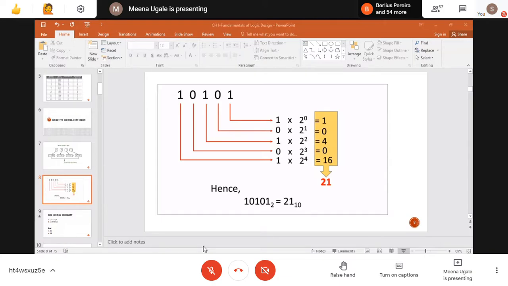Okay, fine. So now this is another example shown here, 10101. Clearly just observe the slide, you will come to know. Multiplied with 2 raised to power 0, 1, 2, 3, 4. Whatever answer I'm getting, I'm adding it, and finally I'm getting the answer.